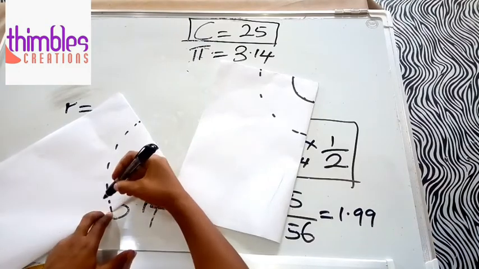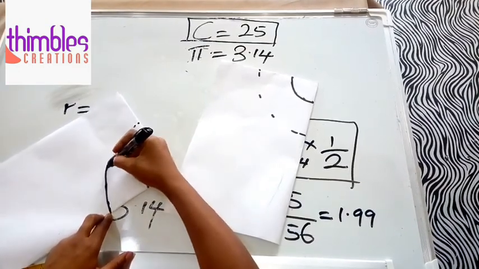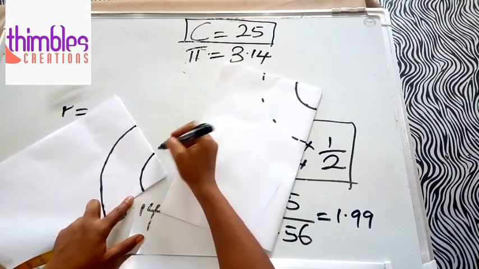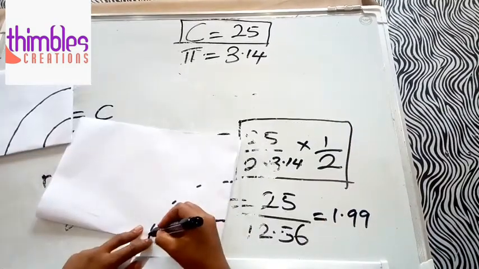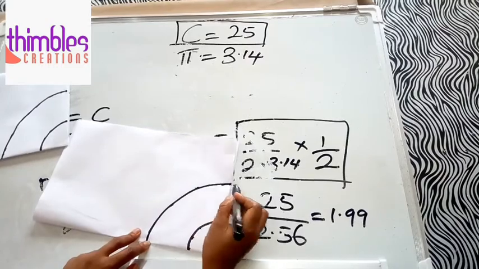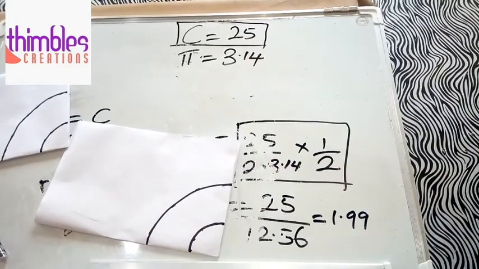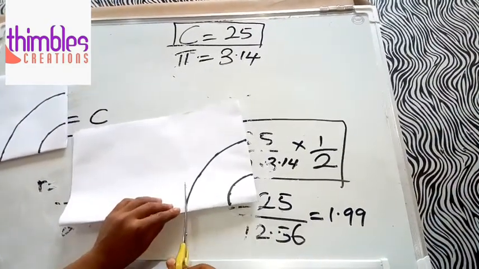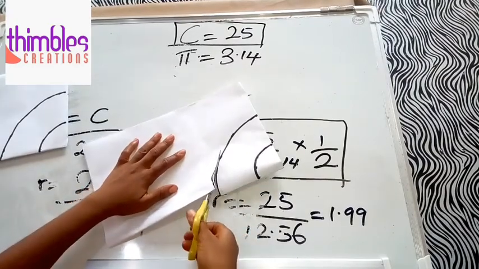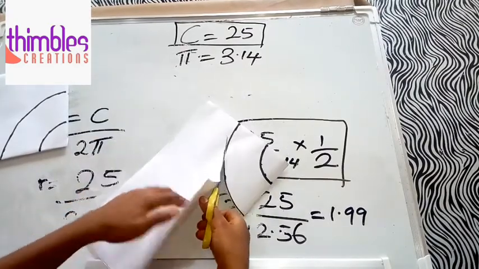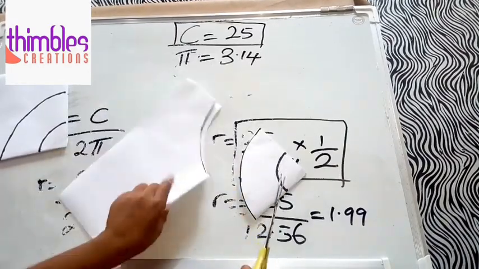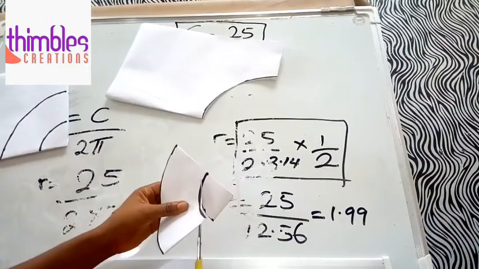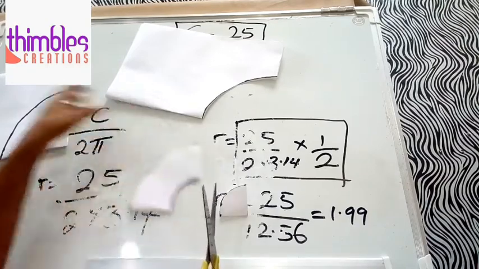Okay, so I connect the lines, and connect this. Then I cut it out, and I cut this too.